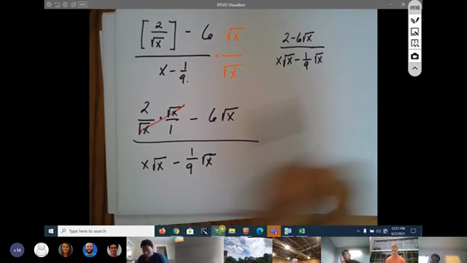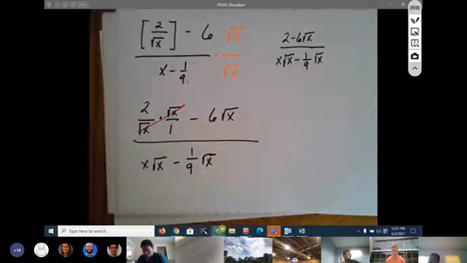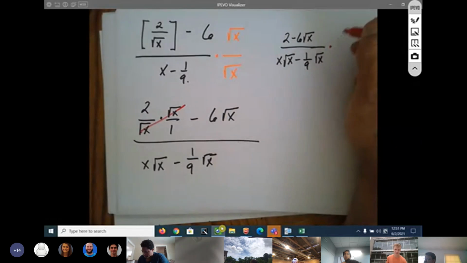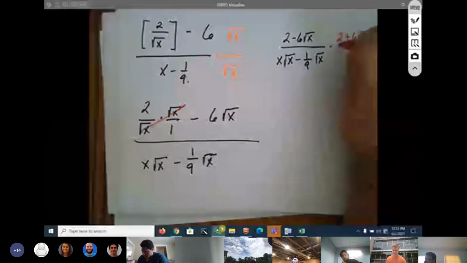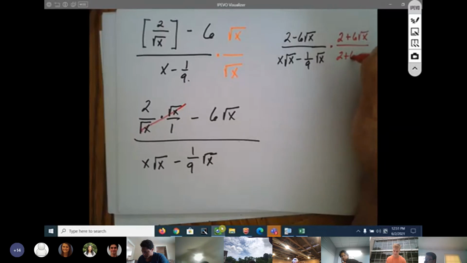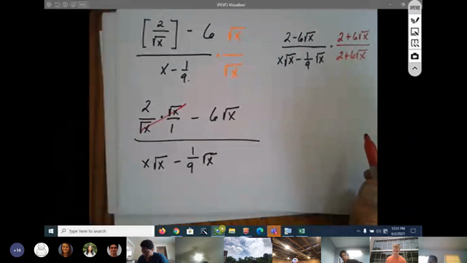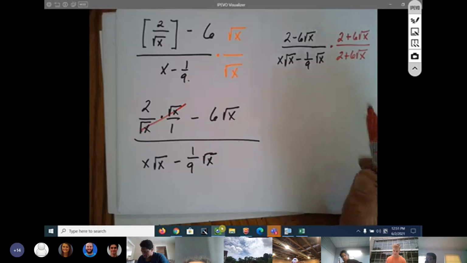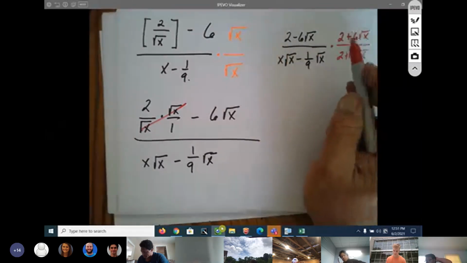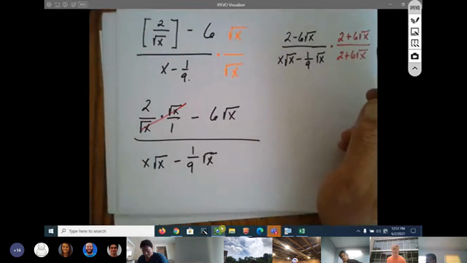And then they tell you to rationalize the numerator. So that's going to be 2 plus 6 square root of x over 2 plus 6 square root of x. And that's going to be 4 minus 36x. Somebody check that top for me.